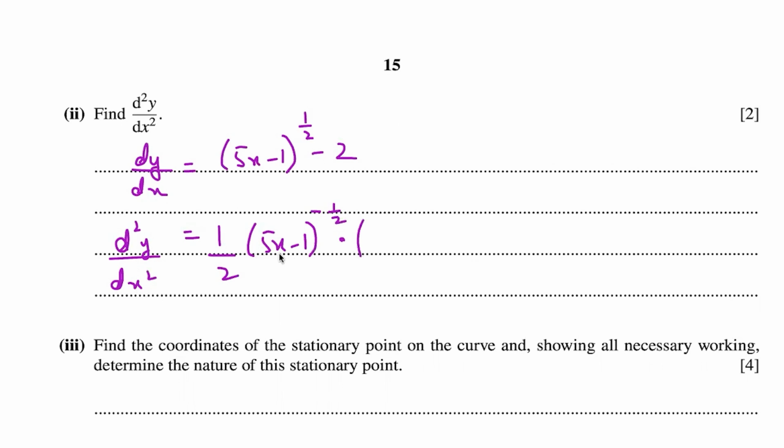And we multiply by the derivative of the function 5x minus 1, which is 5. The 2 will become 0. So the final answer would be 5/2, and we can bring this (5x minus 1) to the power minus 1/2 into the denominator. So this will become the square root of 5x minus 1.